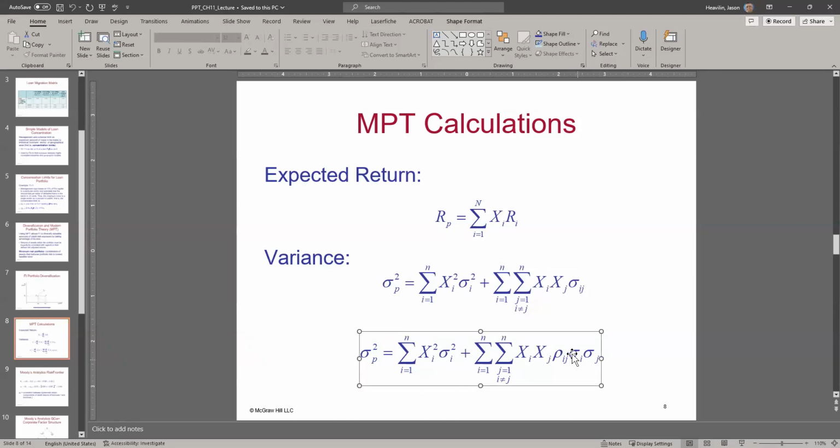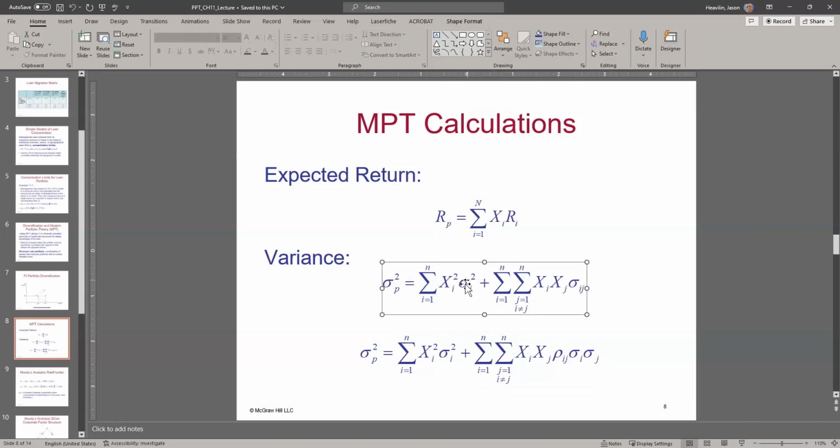Now, down here, notice that these sigmas have only one letter. The letters are different, so they belong to different assets. And they do not have the square. So when you see a sigma with no square on it and only one letter, then that's standard deviation.